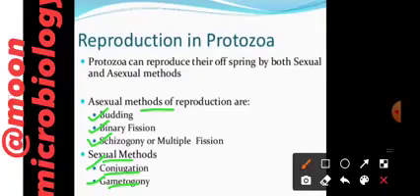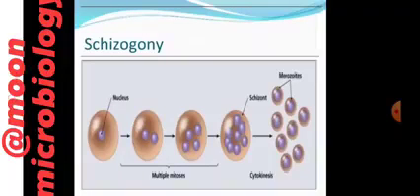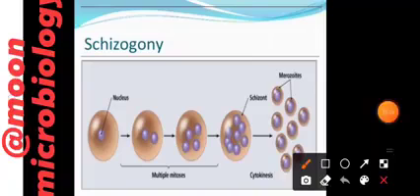Budding and binary fission you are already aware of. Schizogony, or multiple fission, I will show in the diagram. This is the diagram of schizogony, an asexual reproduction. It is also known as multiple fission.